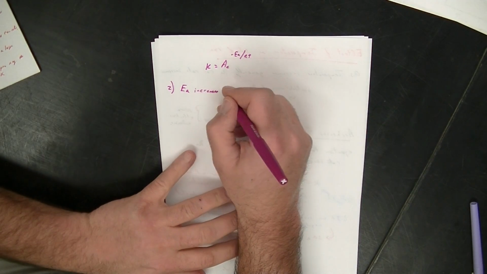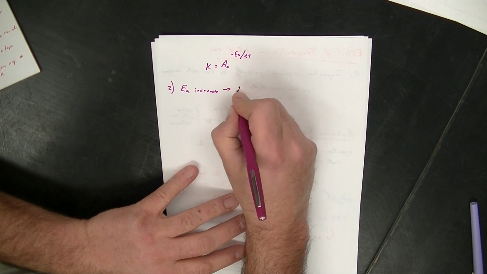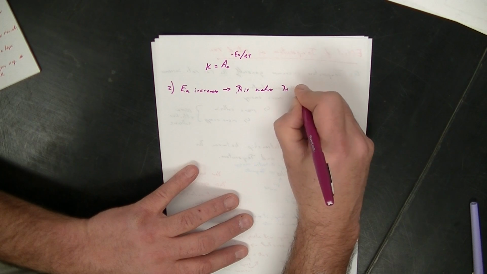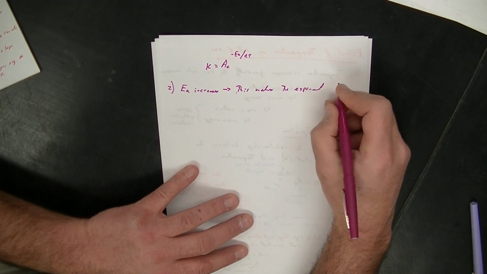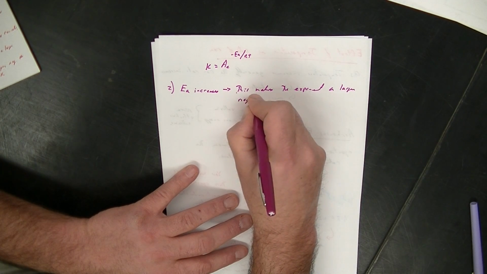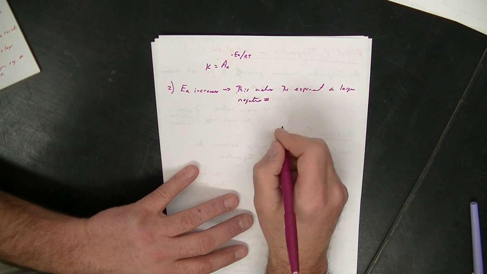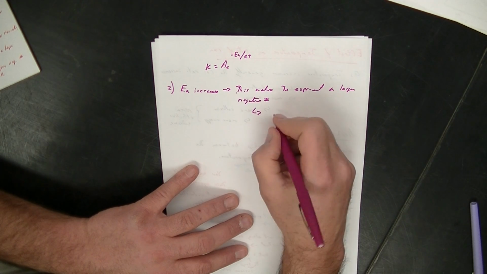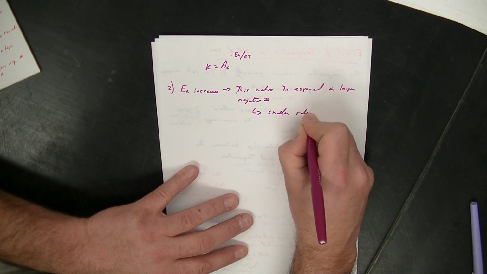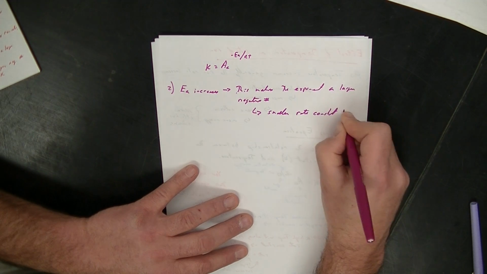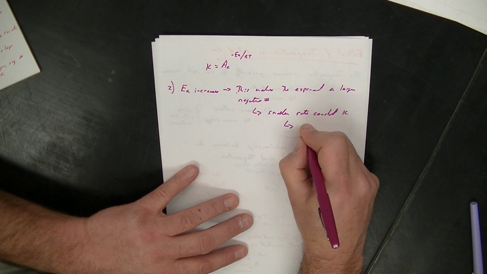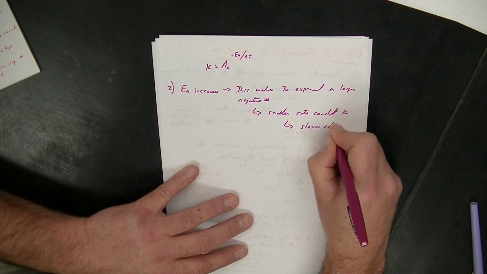So if we increase the activation energy, this makes the exponent a larger negative number. This gives us a smaller rate constant, which means we're going to have a slower rate of reaction.